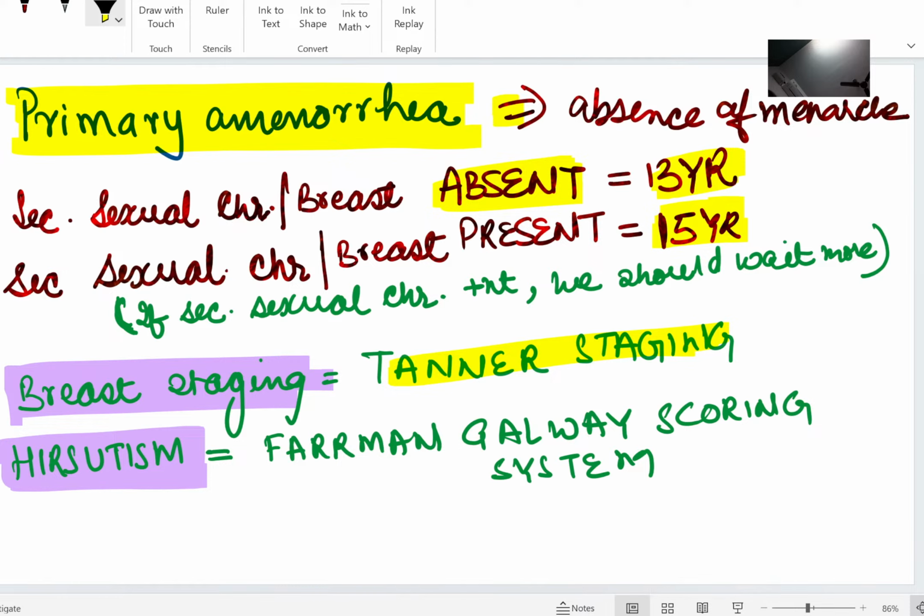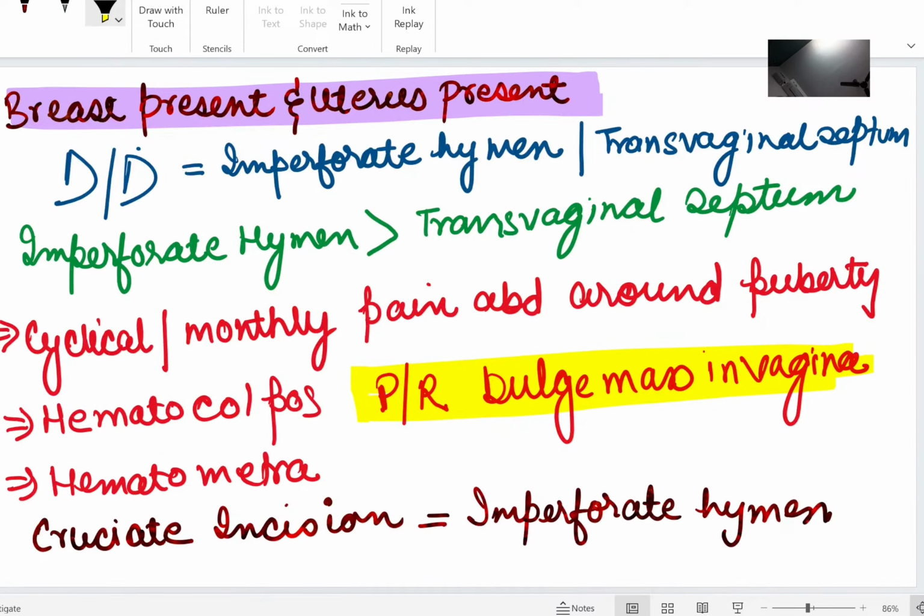Now let us see how we will assess a primary amenorrhea patient. When the patient comes into the OPD, you have to see whether the breast is present or not.